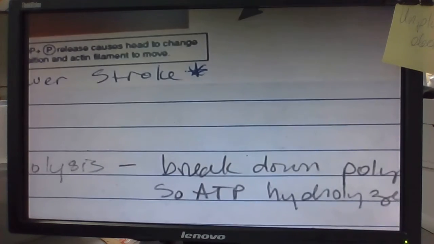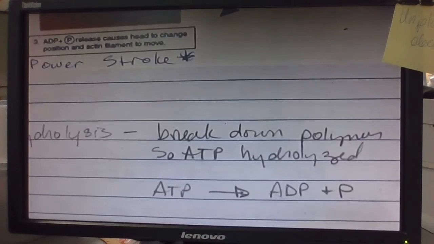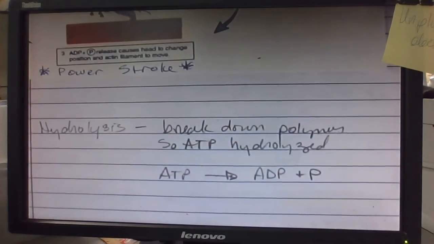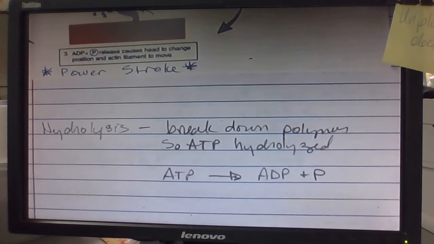So, hydrolysis, we're breaking down a polymer. So in this situation, we're breaking down ATP.